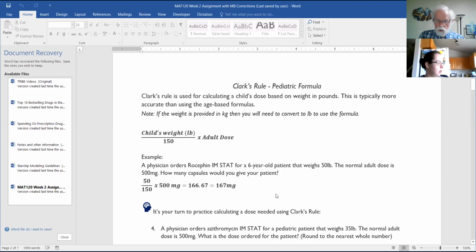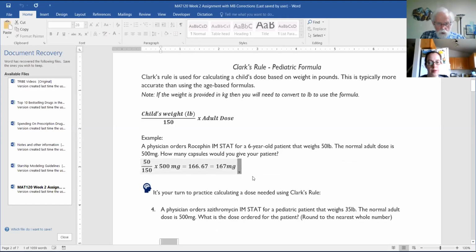Compounding pharmacies hate the 10% rule because they would prefer to be much more precise in their compounding, but it is sometimes necessary to consider that. So we do this calculation, and this is the answer. Since we're not being told anything about the concentration of the drug, which really is not supposed to be there, we can't calculate a number of milliliters.